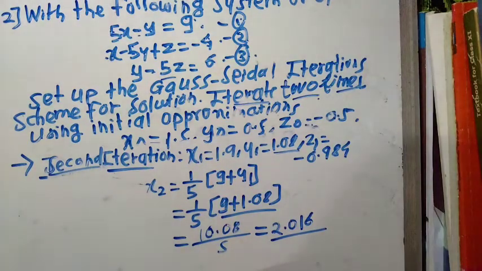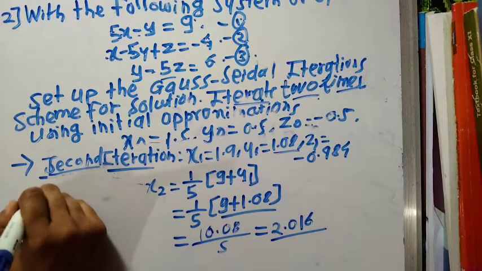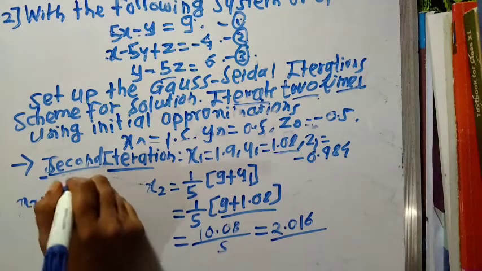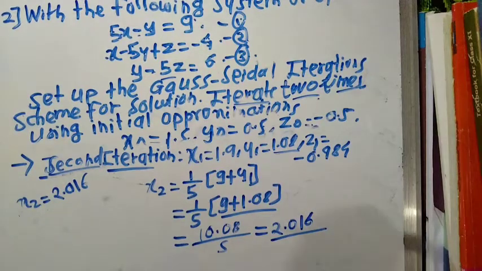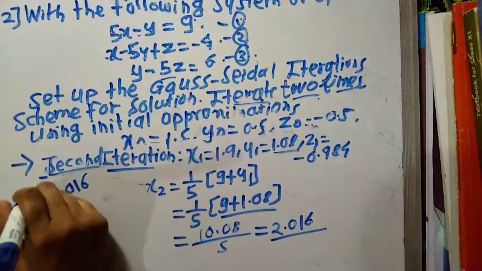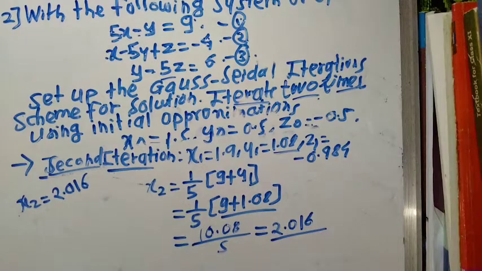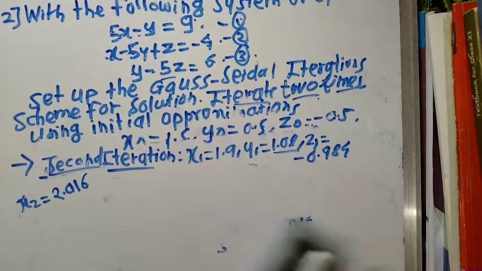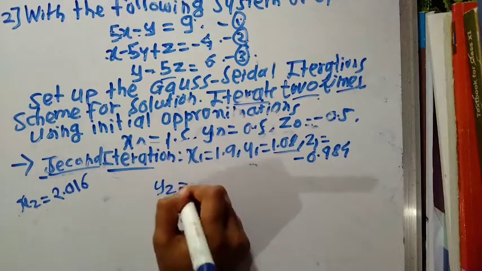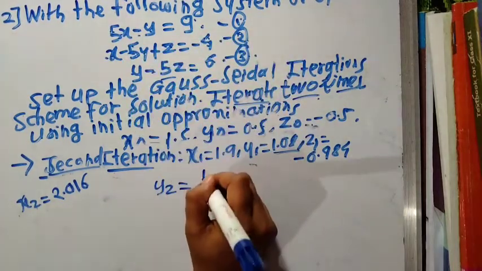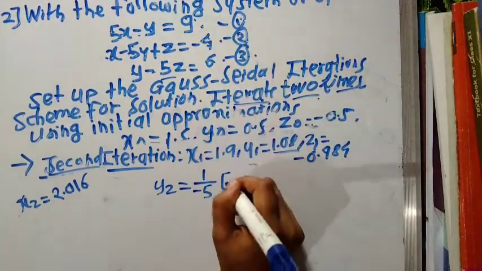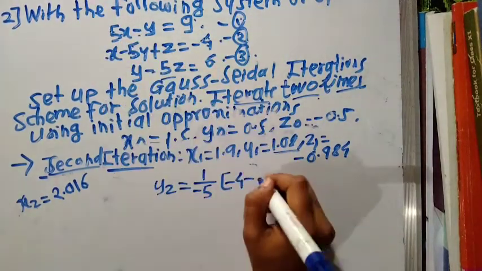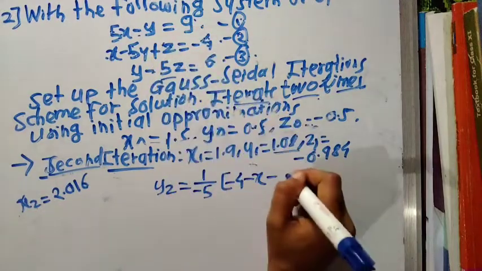So x2 is 2.016. Then find out y2, and y2 from equation second is 1 divided by minus 5, minus 4 minus x minus z.